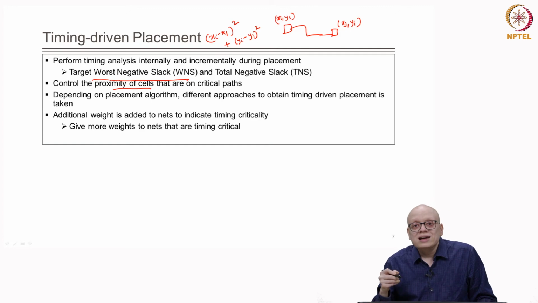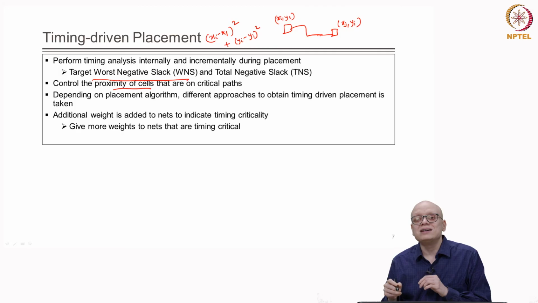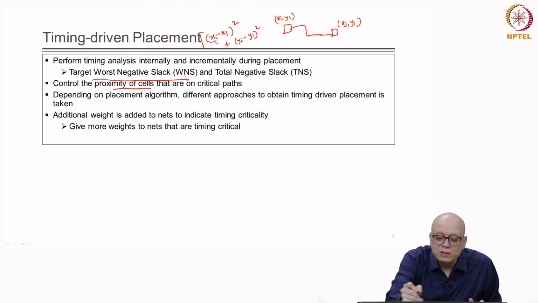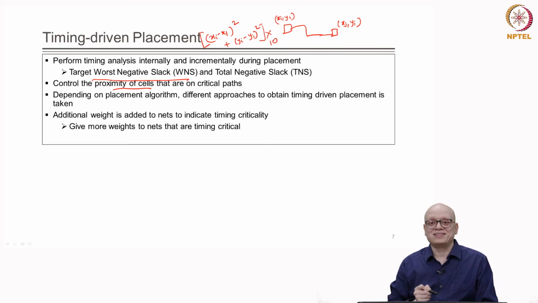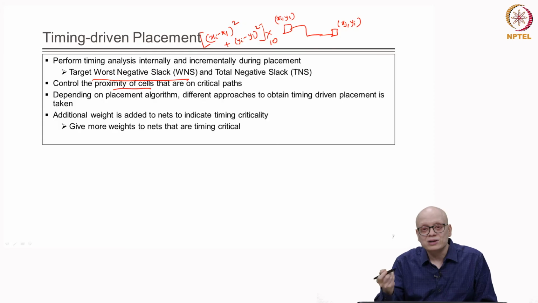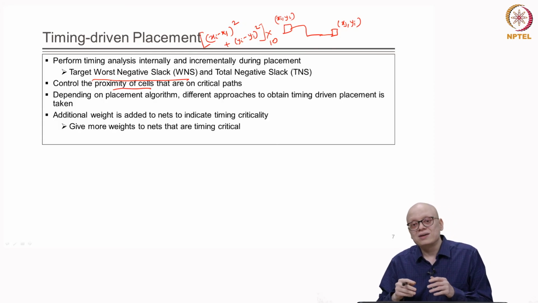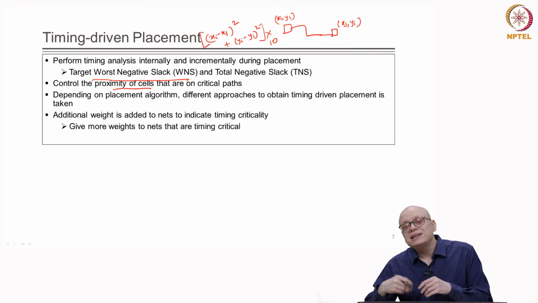Now, in addition to this, if we find that these two cells were on the critical path, we can multiply by a factor. In the cost function, we take it as 10 times of what this cost is, rather than multiplying by 1 or taking simply the Euclidean distance square, we multiply it 10 times.